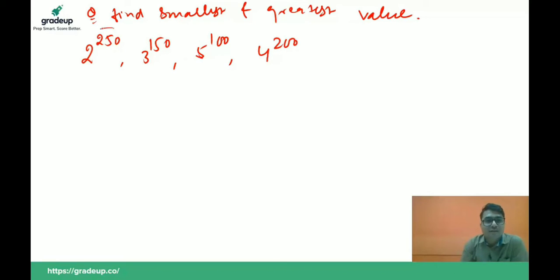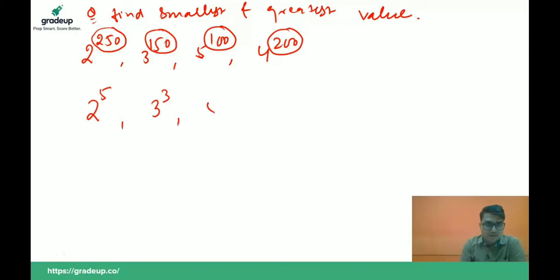First, take the HCF of 250, 150, 100, 200. HCF means highest common factor. 50 is the highest common factor from these values. Now divide the powers by 50. You will get this, this, this, and this.